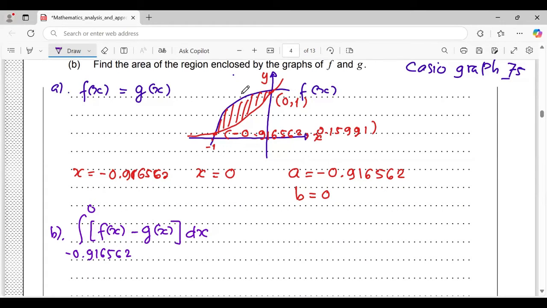So this is f(x), and this graph is g(x).